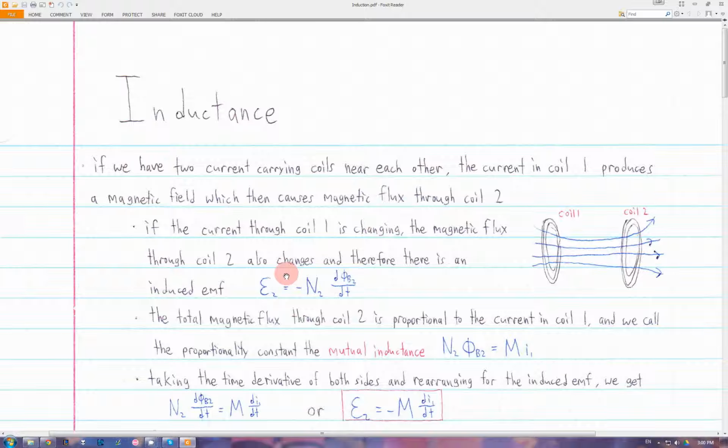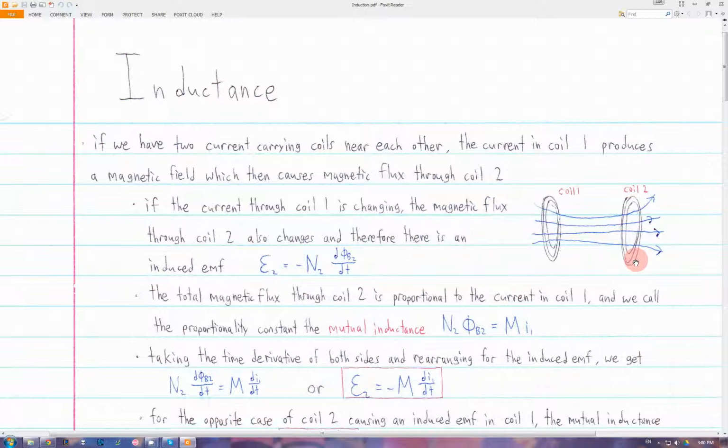So the induced EMF in this case through coil 2 is just going to be given by Faraday's law, the negative N, the number of coils, times the time rate of change of the magnetic flux. And so we can say that the total magnetic flux through coil 2, which is N times the flux, is directly proportional to the current in coil 1.